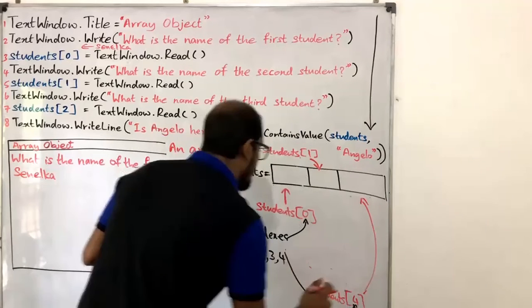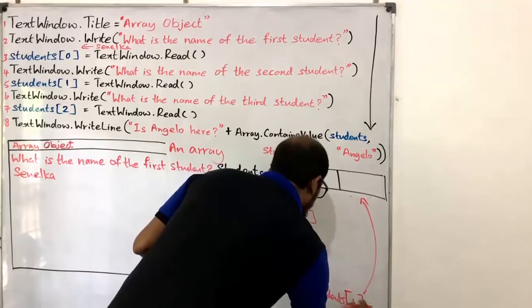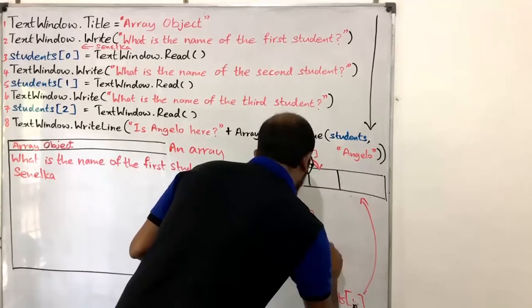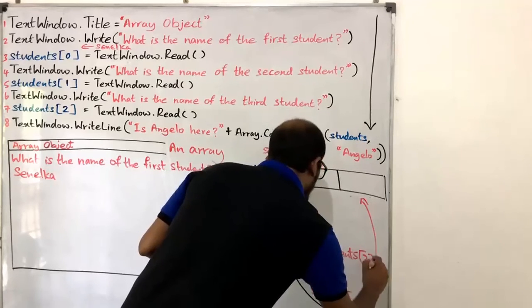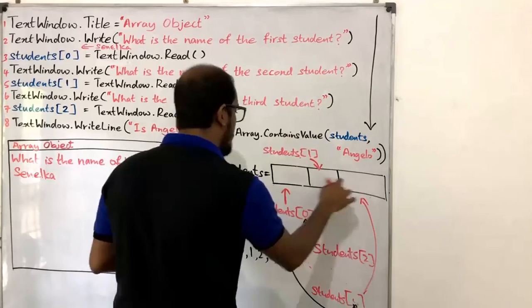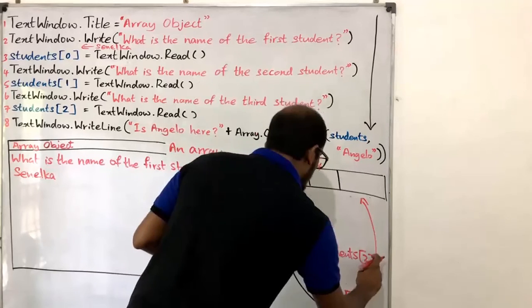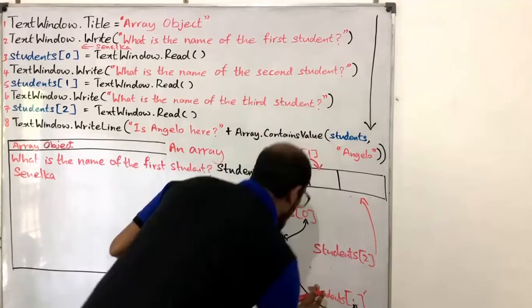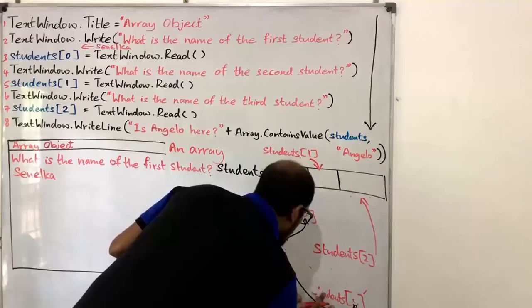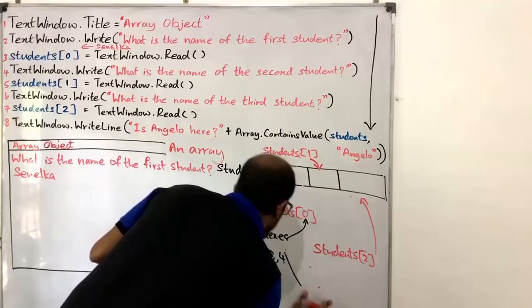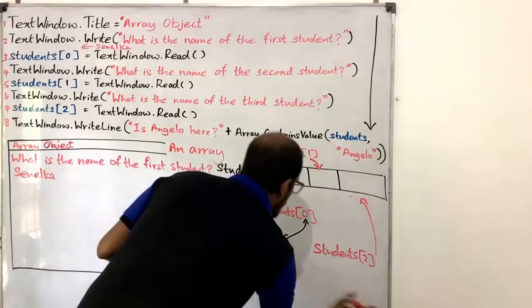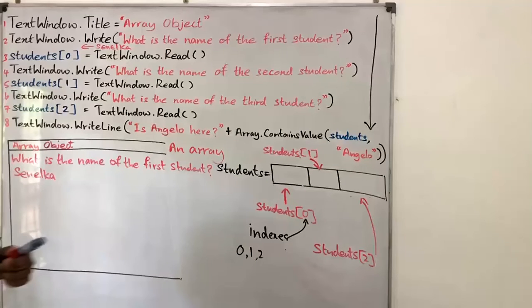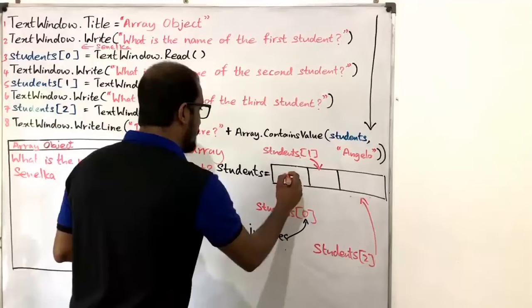So this is students. We can write students 2, starting from 0, 1, 2. So only 3 indexes: 0 is the first one, then 1 the second, and 2 the third.